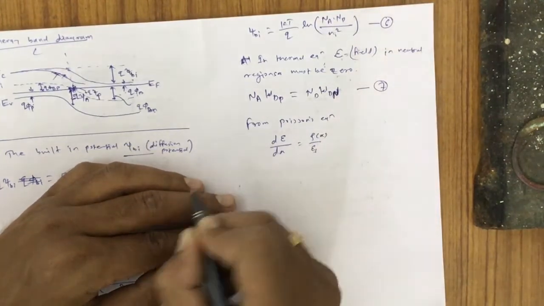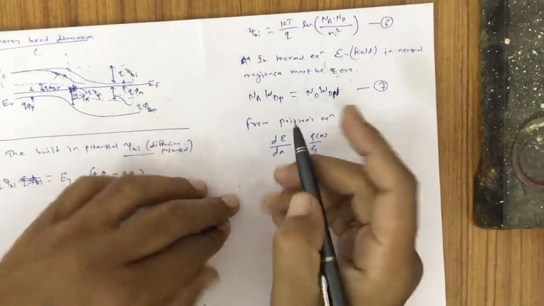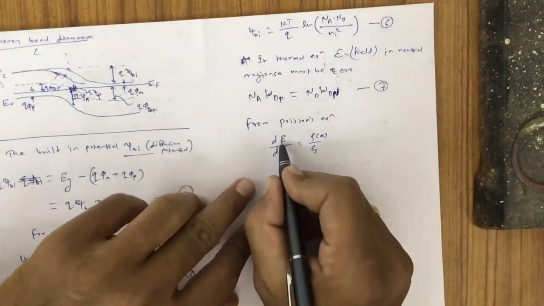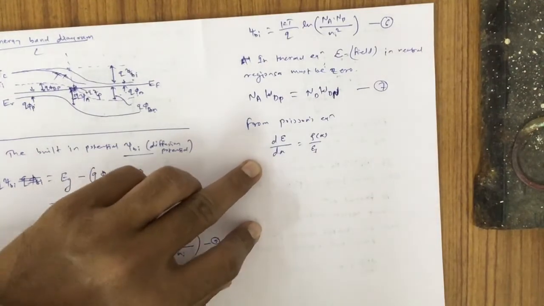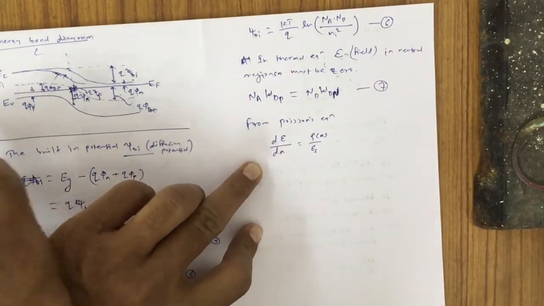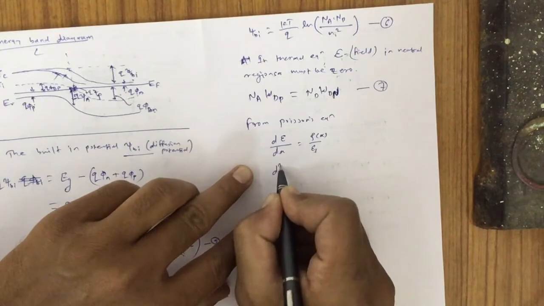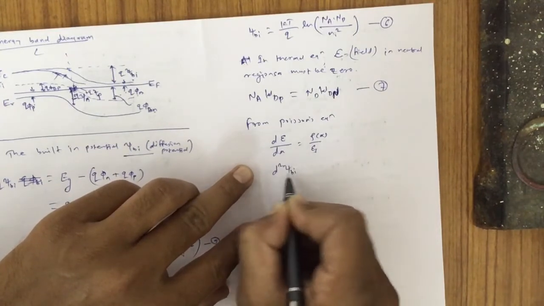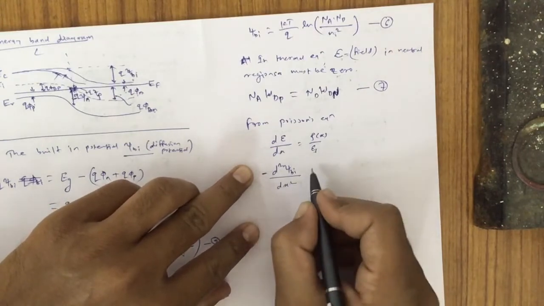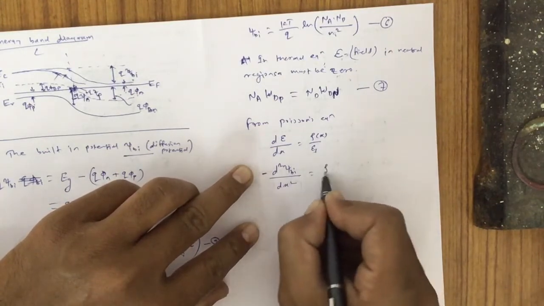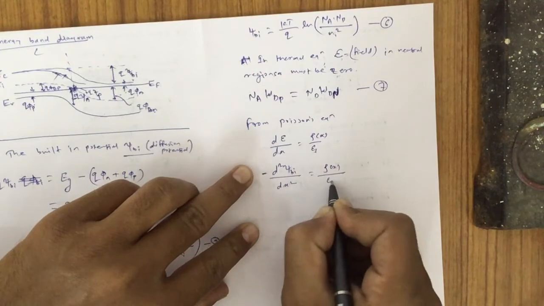Rho is a function of x because we are talking about the one dimensional case, and we know the electric field is nothing but the negative rate of change of its potential. So we can write down minus d2 psi bi by dx square is equal to rho of x upon epsilon s.